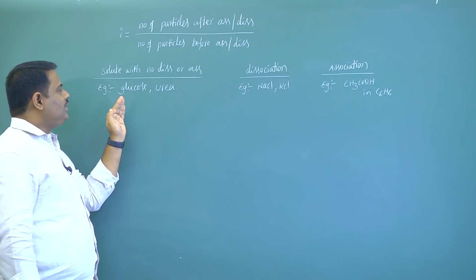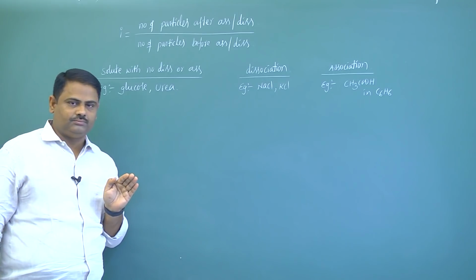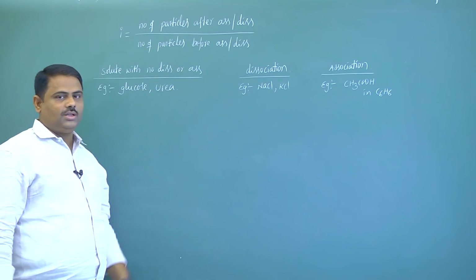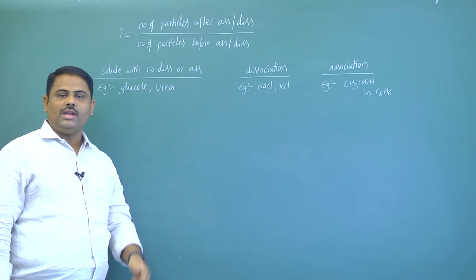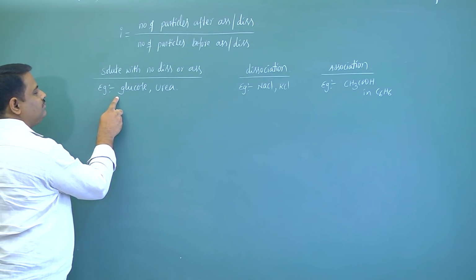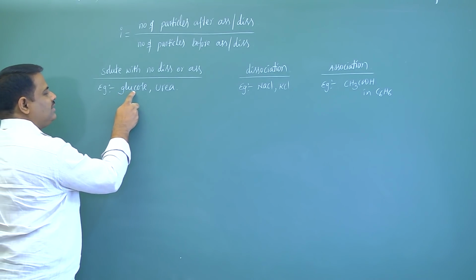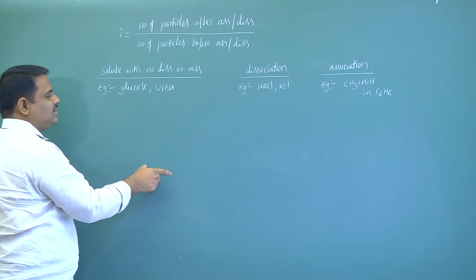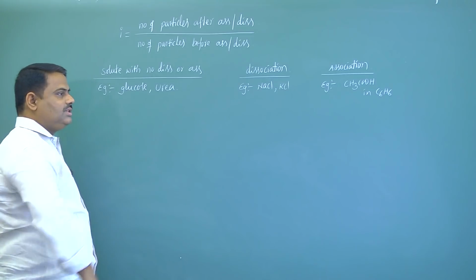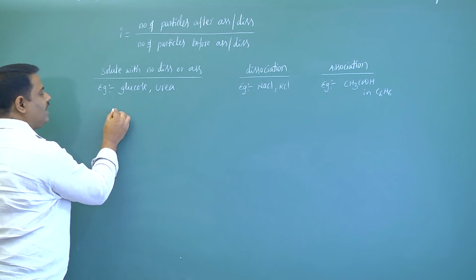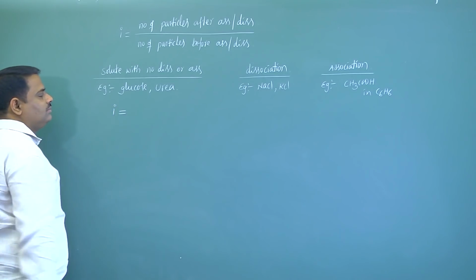If any solute is added to a solvent and there is no dissociation or association, then what is the i value? For example, I am taking glucose or urea. If these are added to water, there is no dissociation or association. That's why, what is the Van't Hoff factor i here?